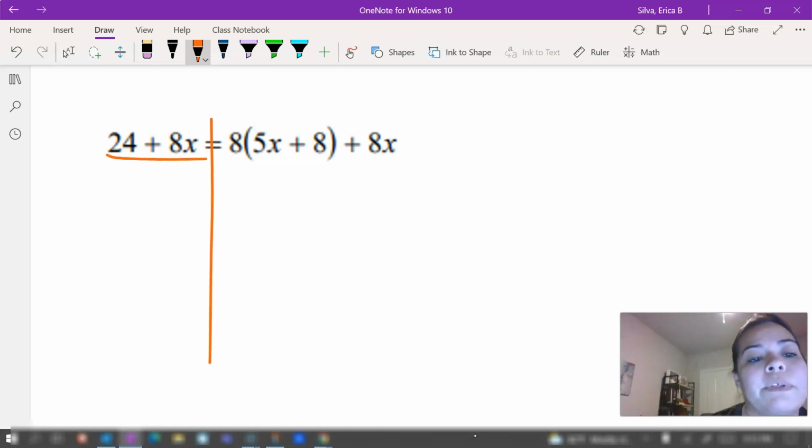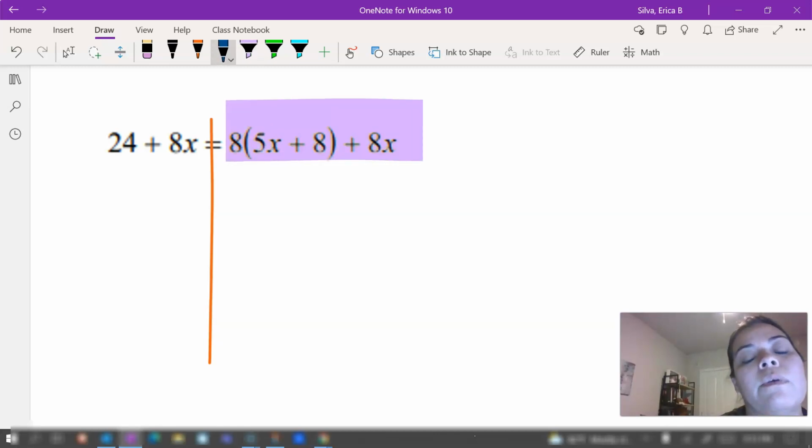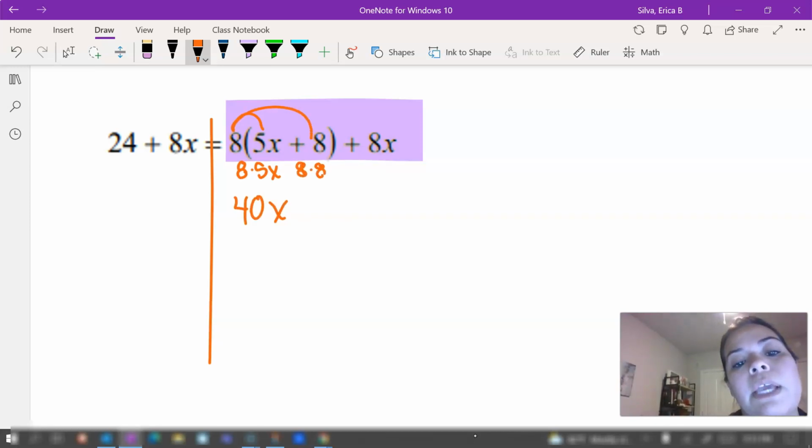If we look at this side, there's nothing we can do as far as combining like terms or the distributive property. But if we look at this side of the equation, we can distribute, which means we multiply 8 times 5x, that gives us 40x, and then 8 times 8, which gives us a positive 64.